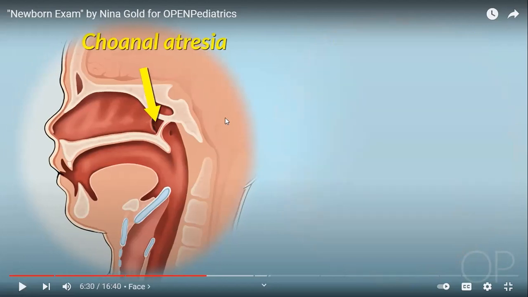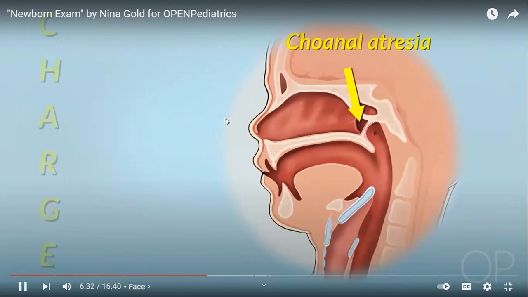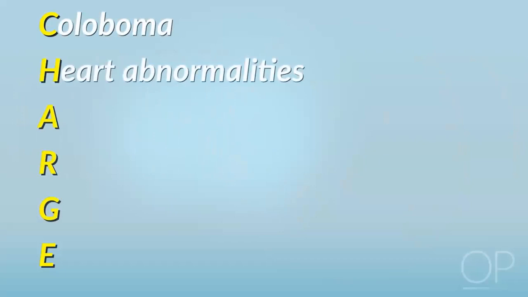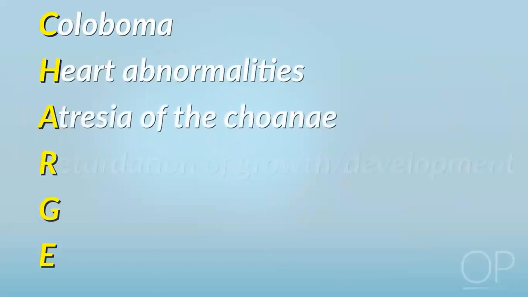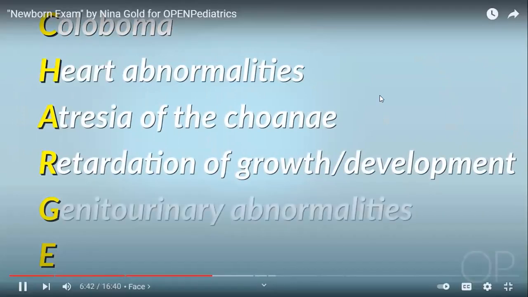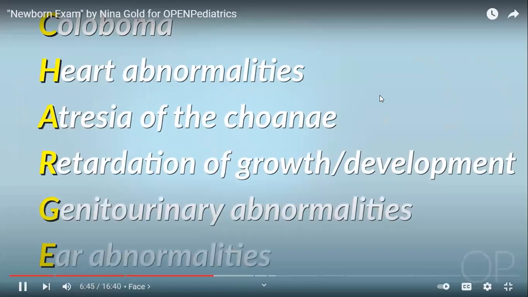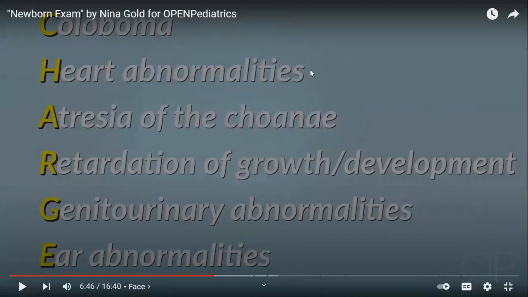Choanal atresia is a characteristic finding of the genetic condition CHARGE syndrome, which is an acronym for coloboma of the eye, heart abnormalities, atresia of the choana, retardation of growth or development, genitourinary abnormalities, and ear abnormalities. So usually if anybody has this, they have all of these problems, like heart anomalies, atresia, retardation of growth or development, genitourinary abnormalities, or ear abnormalities.